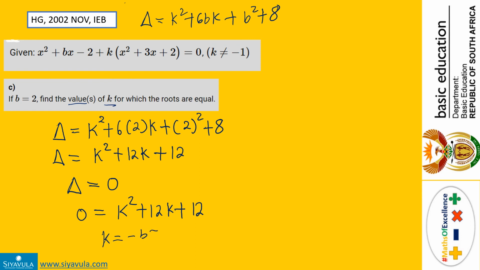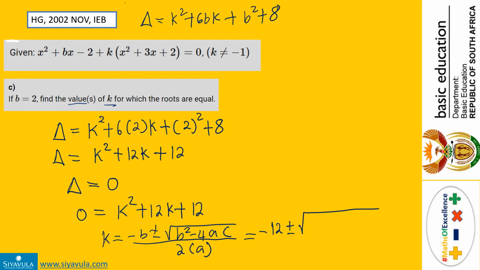k equals minus b plus or minus root of b squared minus 4ac, divided by 2a, right? So what is your b? It's the coefficient of k, so minus 12 plus or minus root of 12 squared minus 4, our a is 1, our c is 12, divided by 2 times our a, which is 1, right?